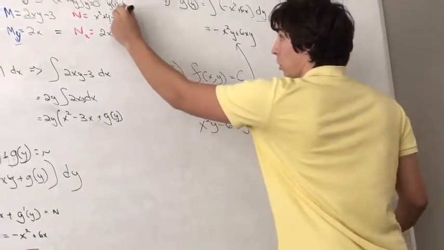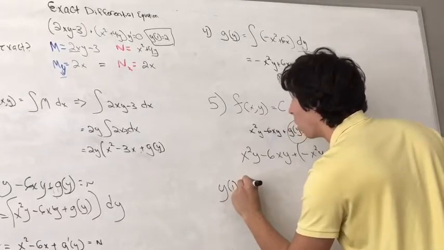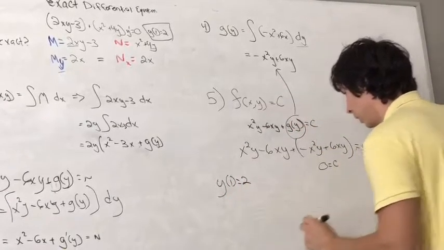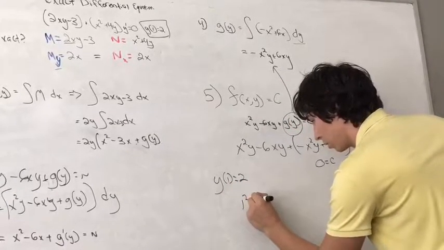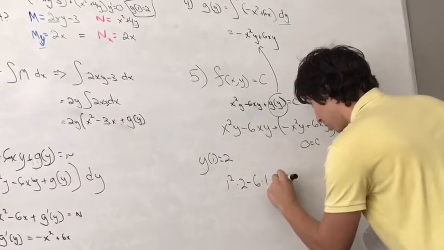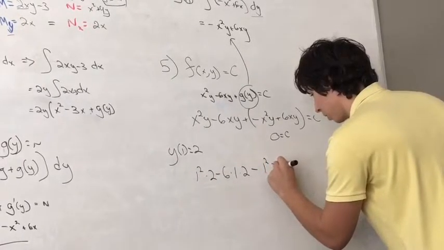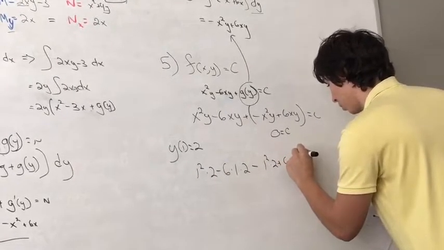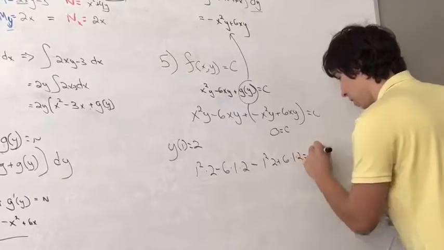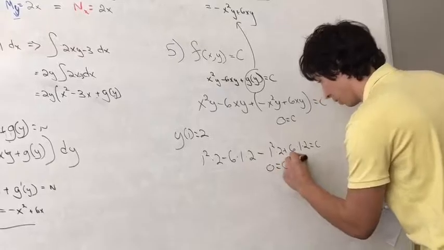Or we could go back to our initial value, which is y of 1 equals 2. And we get 1 squared times 2 minus 6 times 1 times 2 minus 1 squared times 2 plus 6 times 1 times 2, which equals c, which again equals 0.